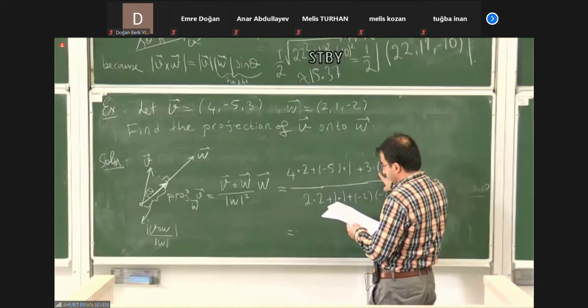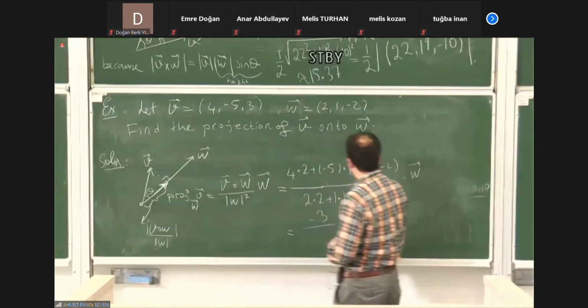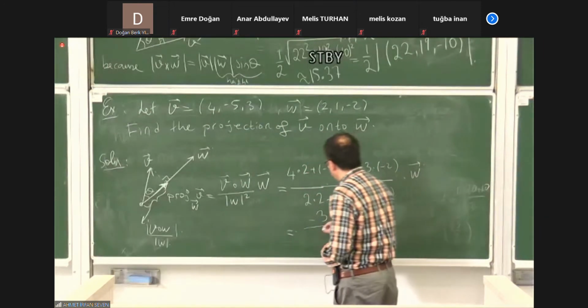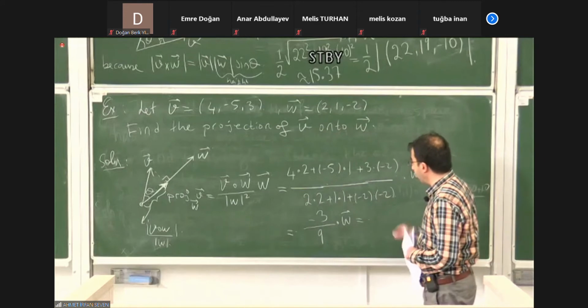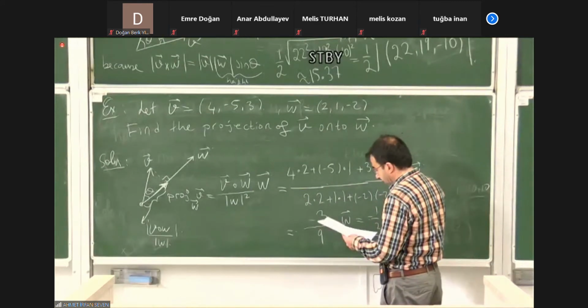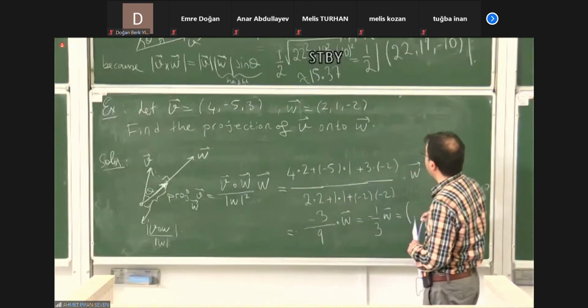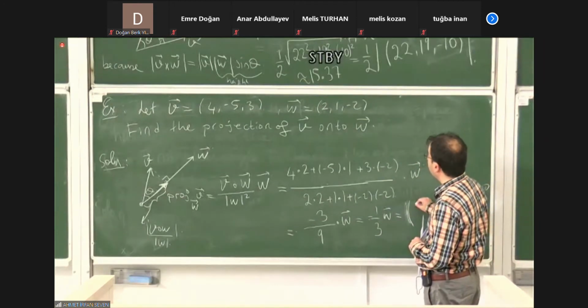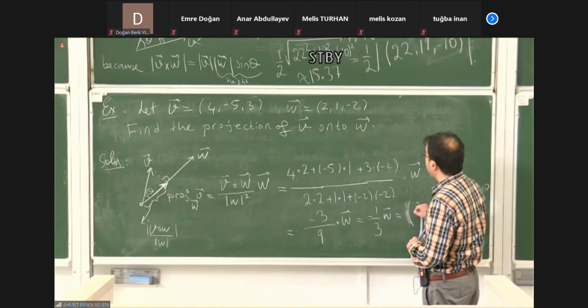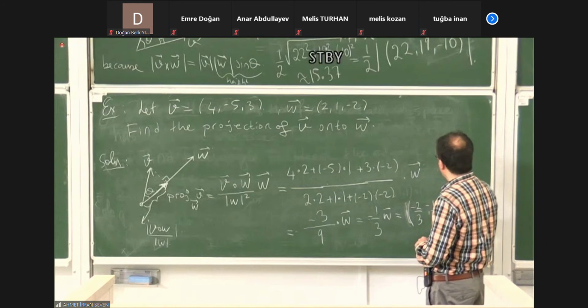So this will be 8 minus 5, 3, minus 6, minus 3, over 4 plus 4, 8, plus 1, 9, times W. So it will be minus 1 over 3 times W. If we distribute this inside, W is 2, 1, minus 2, so it will be minus 2 over 3, minus 1 over 3, plus 2 over 3.